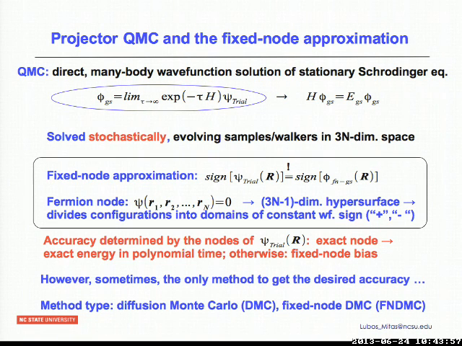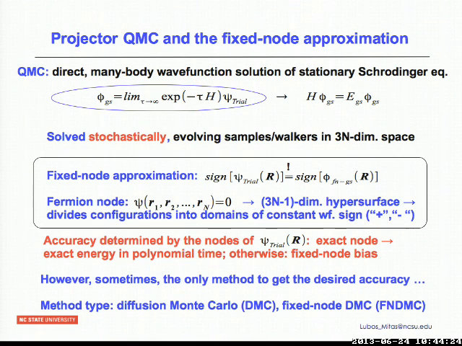In general, if you have N particles in three-dimensional space, it's a 3N minus 1 dimensional hypersurface, which divides the configurations of the quantum particles into domains of constant wave function sign, if we have real wave functions, pluses and minuses.